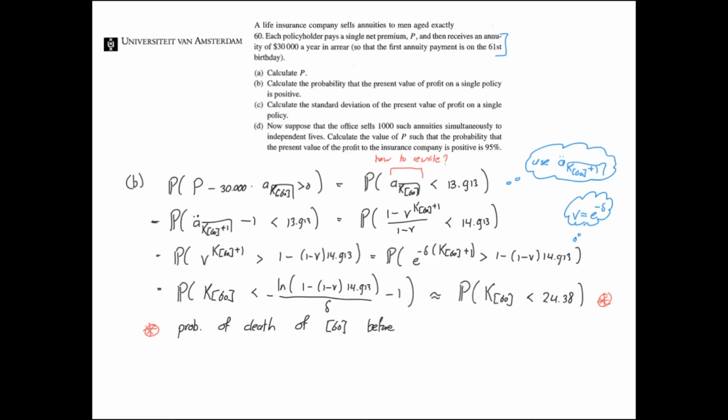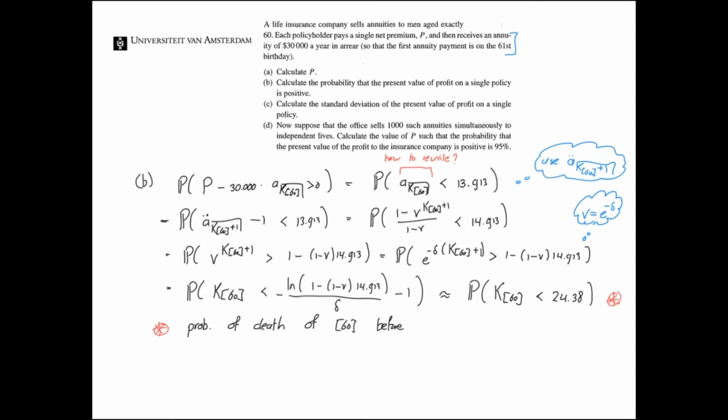So we have to make sure that we keep track of whole years. So before living another 25 years, we need to round up. And we know that this is equal to 25q60. So this is the probability of death for a 60-year-old to not live another 25 years.